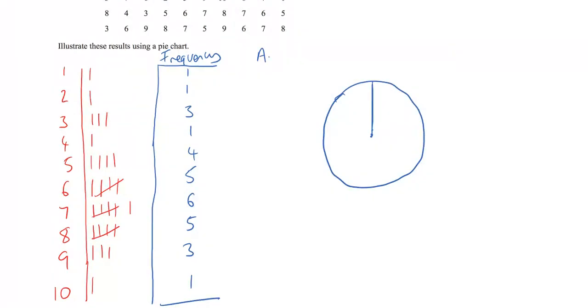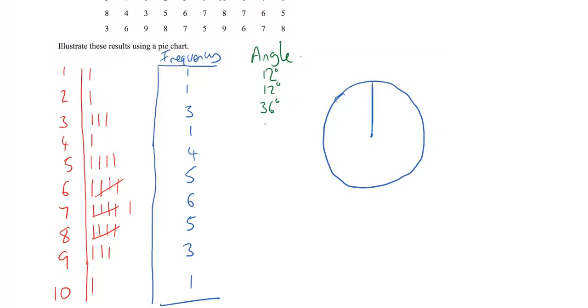So let's write that in a new column. Let's change color and have this in green. We're going to have angles. So 1 times 12 is 12 degrees, and again, 12 degrees there. 3 times 12 is 36 degrees. So when I measure the part of the pie chart that's for a score of 3, it's going to be 36 degrees.